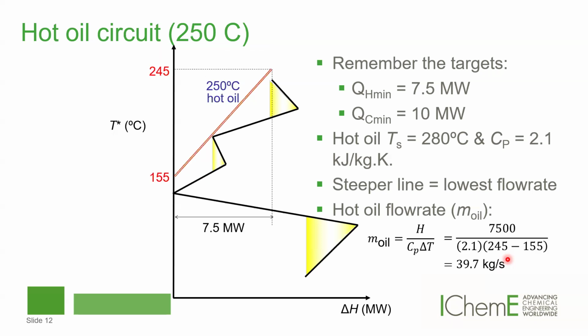It's higher because at lower temperatures we need larger flow rates to cover the entire heating of 7.5 megawatts. So obviously the flow rate is high in this case, but this is the minimum when the temperature of the hot oil is 250 degrees Celsius.